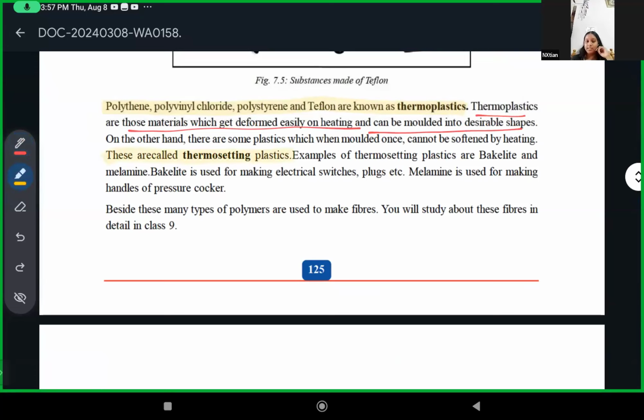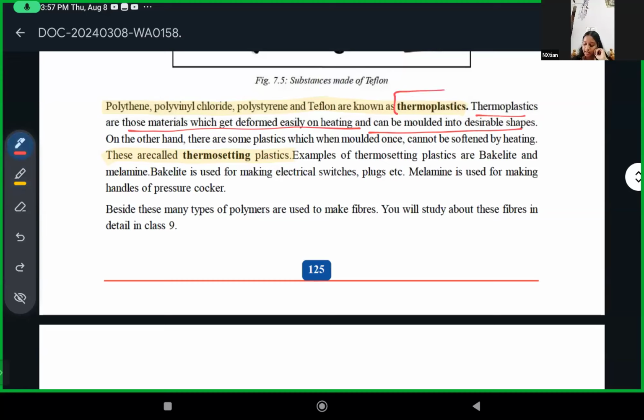Now, see, some plastics are there which, when we heat them, melt, and when they are melted, we can change their shape. Those are known as thermoplastics.